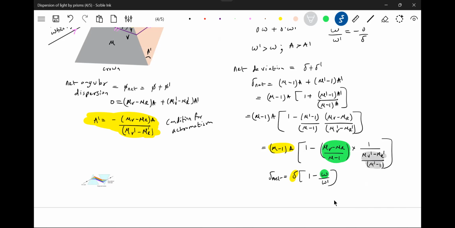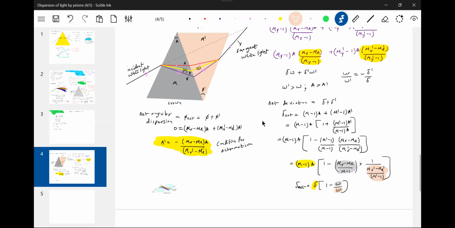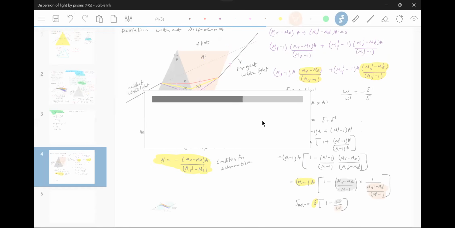This quantity, different colors I have to use. This quantity is replaced by omega. This quantity is replaced by omega dash. Okay, fine. So when deviation without dispersion, okay, there's one basic mathematical formula we have obtained. Achromatic combination, this is what we obtained here.